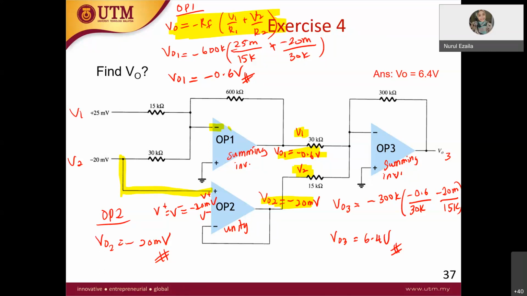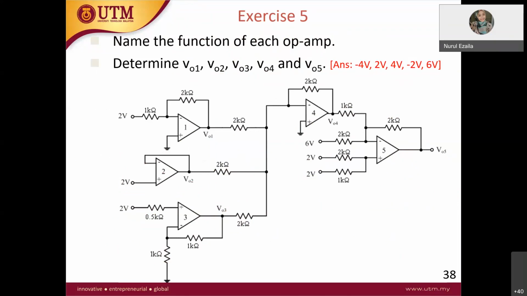So you have done this. What are you going to see in actual life, I mean in the real situation? It could be like this as well. Instead of 1, 2, 3 op-amps, you could have 5 op-amps. Can I leave this to you so that you can enjoy the question yourself?